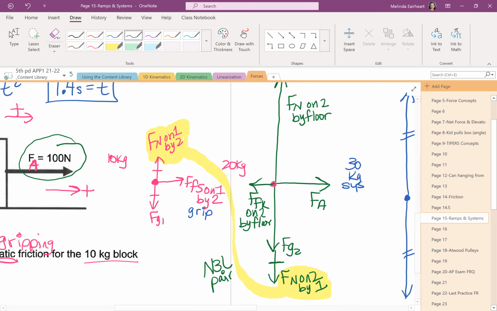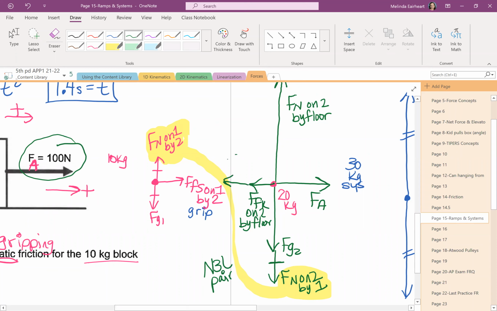But there's another friction, and this one is the one that you don't really see until you take a system type approach. If block 2 is responsible for pulling, gripping and pulling block 1 forward, that's between 2 objects, right? On 1 by 2. Well, isn't that grip happening in the other direction as well on block 2? And so it was a rightward gripping friction on block 1. And so we're going to have, and let me just move some stuff around so it doesn't clutter too bad, I'll say this is the 20 kilogram object.